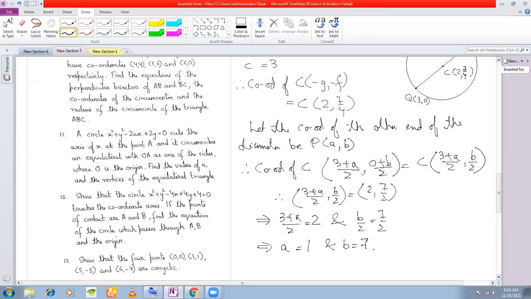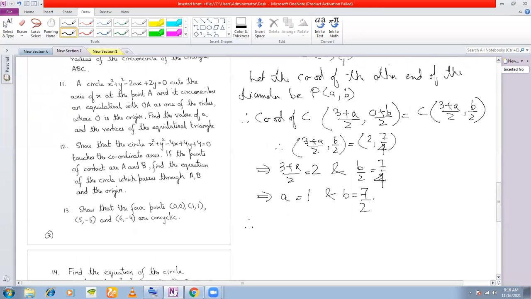Okay, so what are the coordinates of the other end of the diameter? Therefore, the coordinates of P are 1, 7 by 2. And that's your answer. Okay, any question? Or I can proceed with the next one.